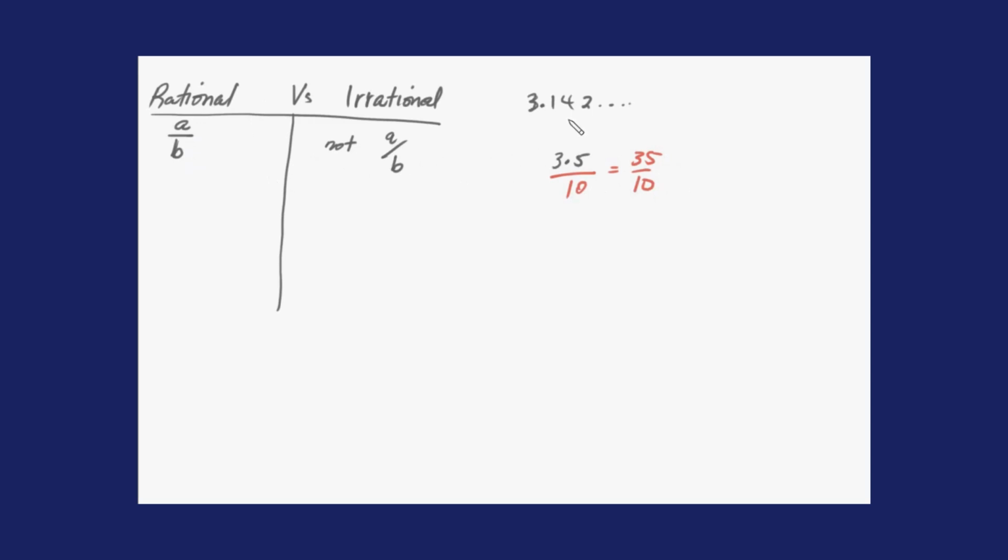But for this one, if you try to do that, you would put 1 over the decimal, 0 for this, 0 for this, and which one is irrational.